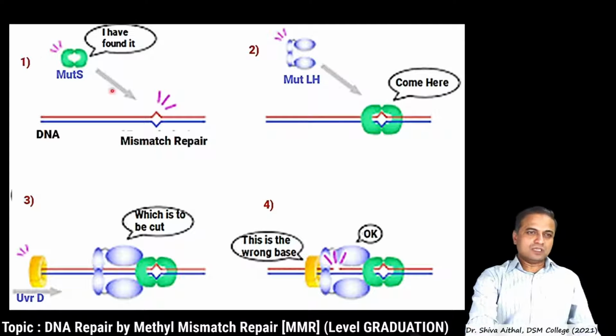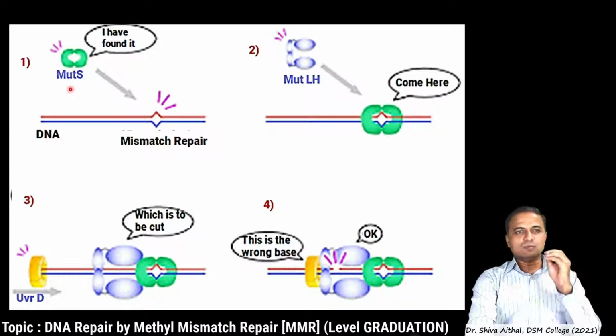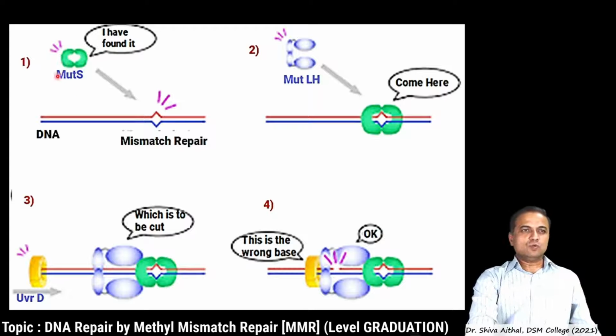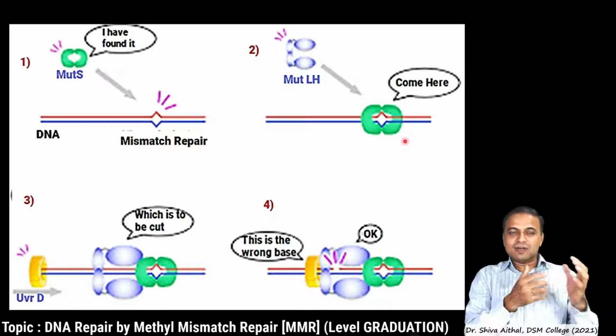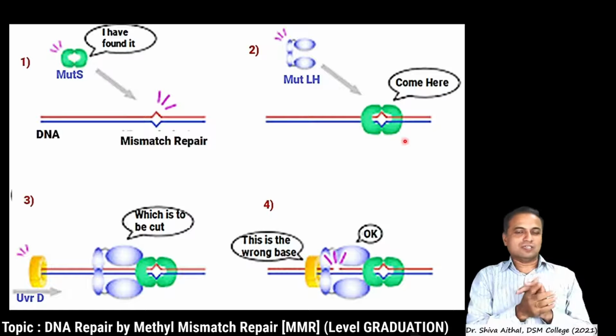So you see here, this is a damaged DNA. First of all, a protein called mut-S. Mut stands for mutator gene, where there is a mutation or something to do with mutation. So mut-S says, hey, I have found a damaged DNA. In this second scene, it has an affinity for a damaged or mismatched DNA.